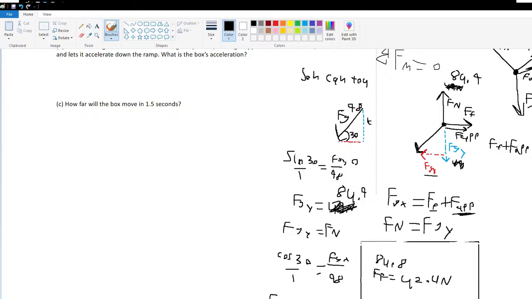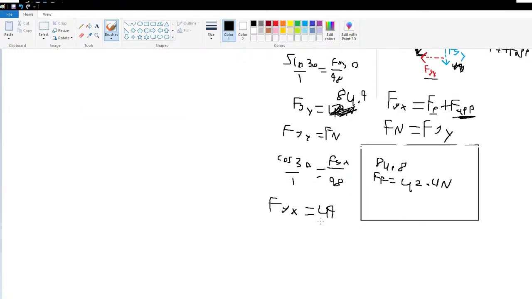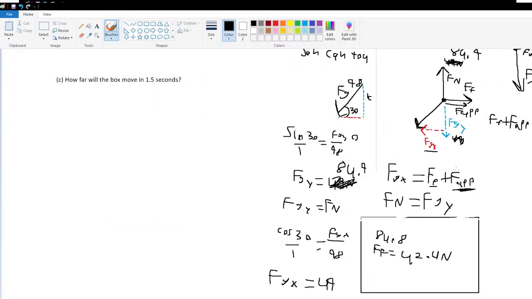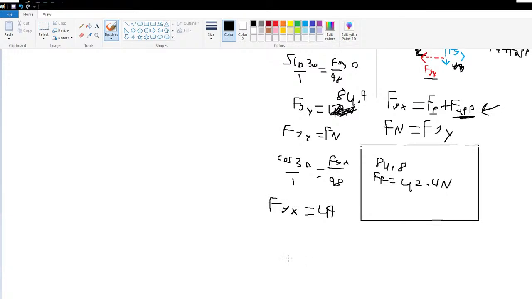Now that we have our force of gravity in the x direction is 49, because we got that from our triangle, we can plug that back into this equation. The 49, which is the only force acting this way, is going to be equal to the force of friction, which we just solved for, 42.4, plus the force applied.